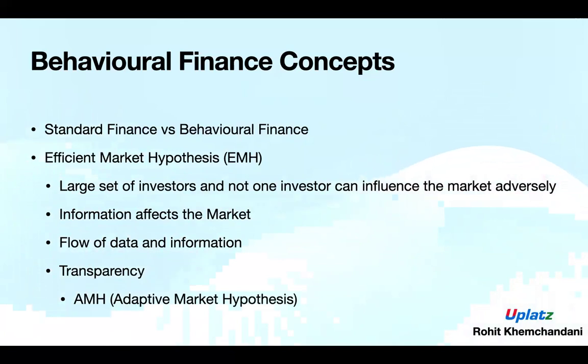Behavioral finance says that markets are somewhat efficient, not fully efficient, and it also assumes risk and return under the frame of dependence. So basically, both are dependent. This is what behavioral finance tells us.